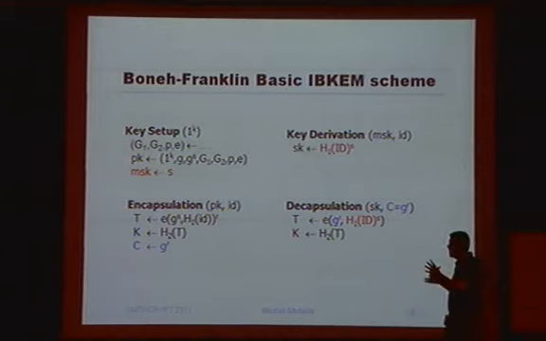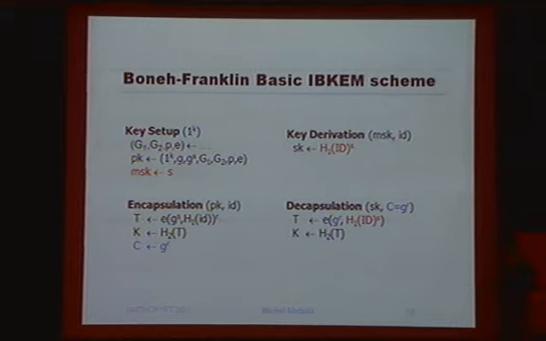We don't know the randomness associated, so you may not have any idea about the key, but you may have an idea about the identity. In some cases, you may have an idea what the identity is, but not what the key is.